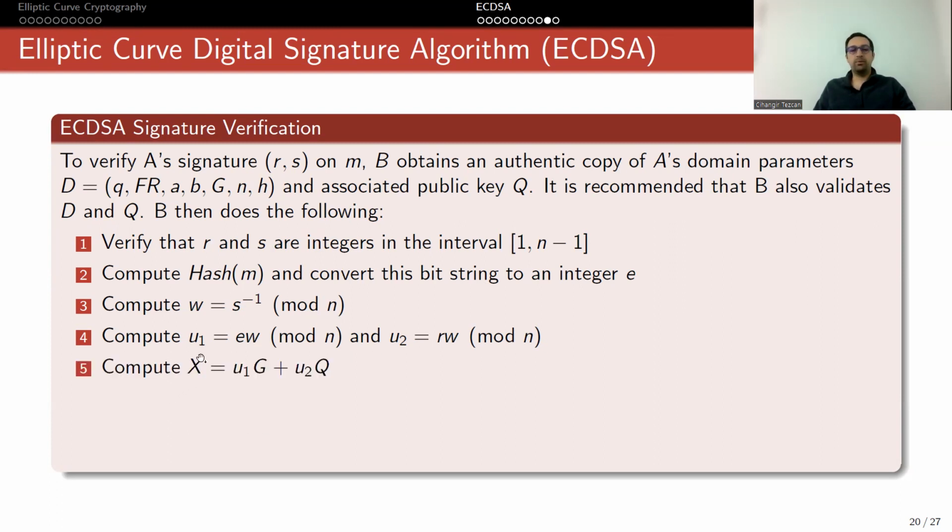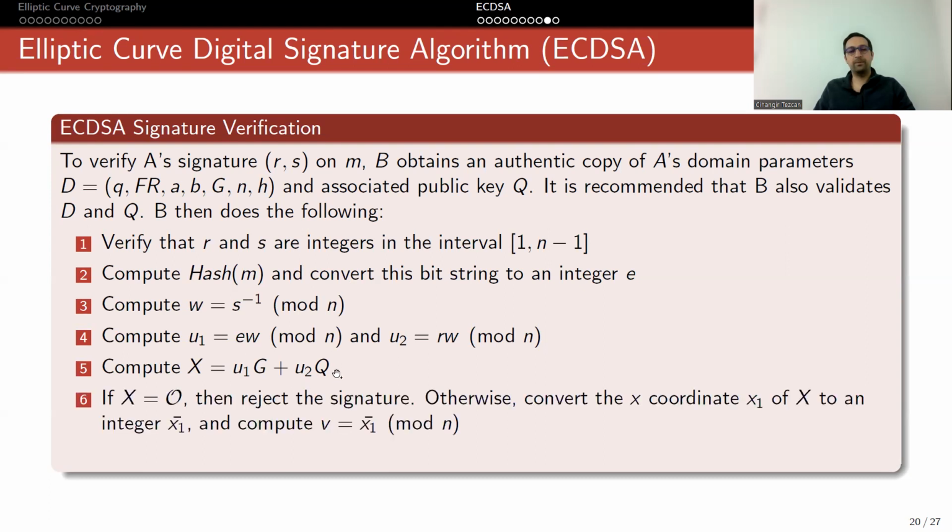You compute a point on the elliptic curve again, but this time you compute it as U1 G plus U2 Q. G is the base point, Q is your public key. Okay? If X equals the point at infinity, then you reject the signature. Otherwise, convert the x coordinate x1 of X to an integer x1 bar and compute x1 bar modulo n, which will give you V. And your final step is checking if V equals R. So if it does, then you accept the signature.